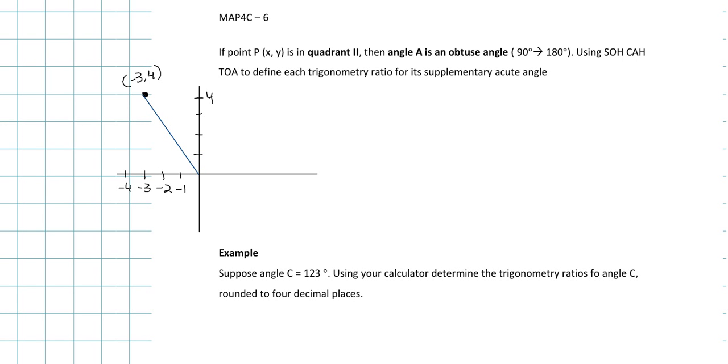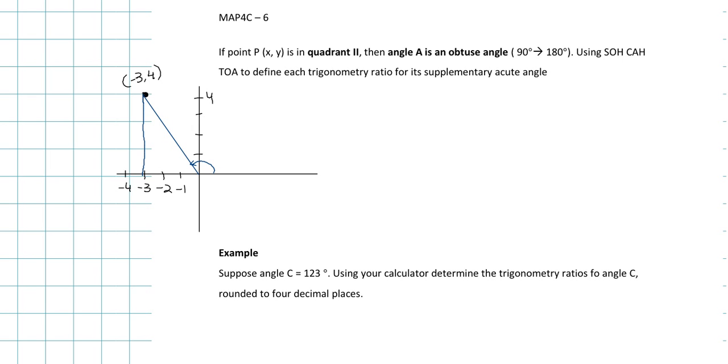Now, I want you to look at me for a second and tell me what we learned yesterday. Yesterday we learned something about supplementary angles. If they're supplementary angles, so they add up to 180, their sine, cosine, and tan have the same value, but one is going to be positive and the other negative for cosine and tan.